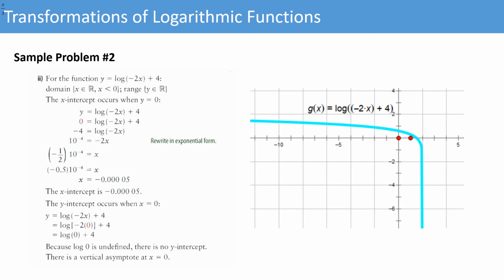Substitute in 0 for y, and you will get the answer, x equal negative 0.00005. The y-intercept occurs when x is equal to 0. So y is equal to log 0 plus 4. Because log 0 is undefined, there is no y-intercept. The vertical asymptote is x is equal to 0.